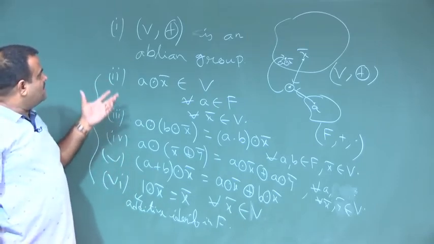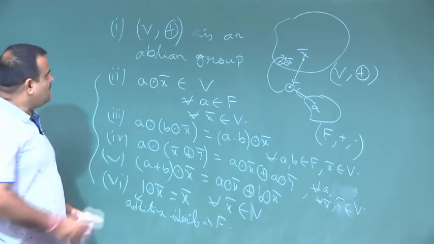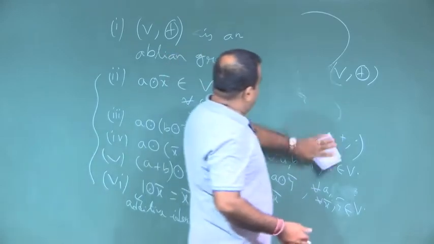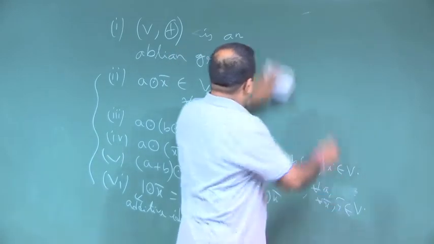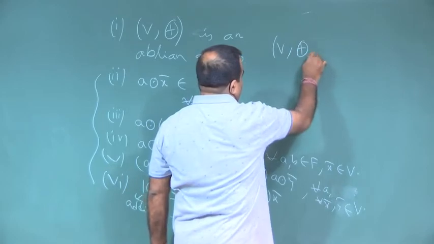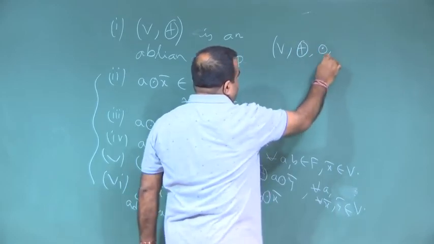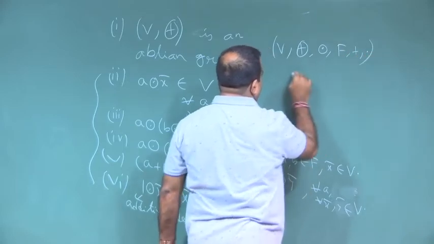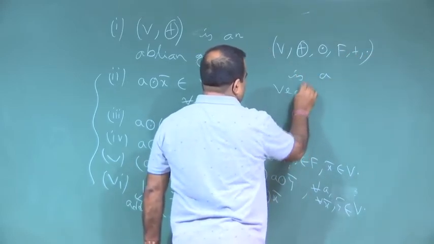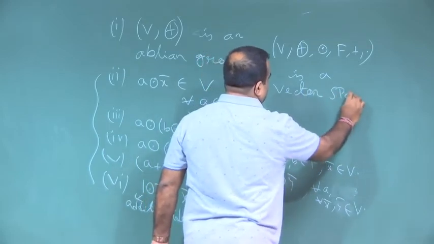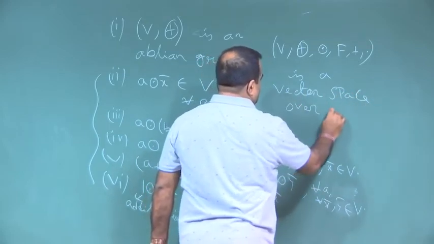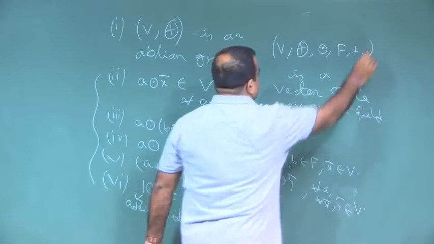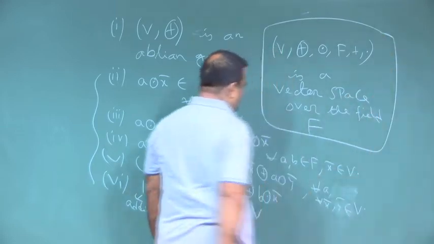Then we say this algebraic structure V along with F forms a vector space over the field F. So, this is the definition of a vector space.